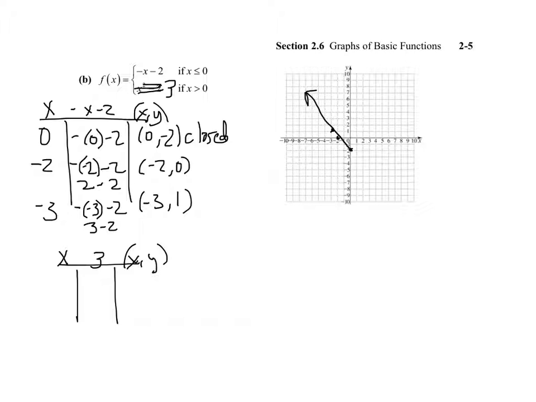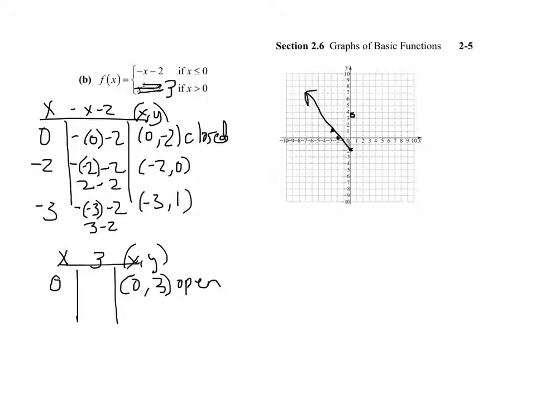X's are supposed to be greater than 0, so that means I need to start by using 0. But notice there's no place to plug in the x. It already tells me that y is 3. So at the ordered pair 0, 3, I just look at the inequality and ask, is it open or closed? Since there's no or equal to, I need an open circle at 0, 3.